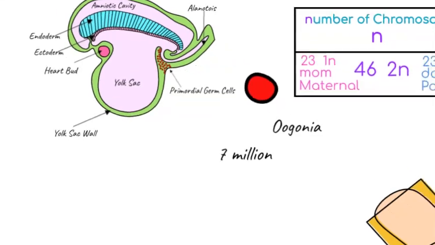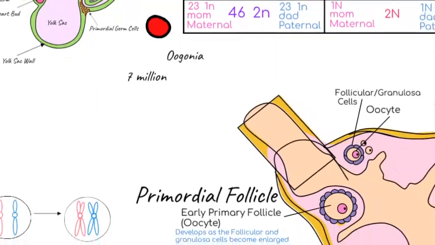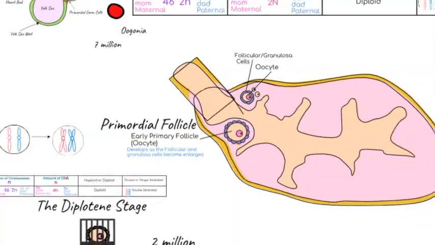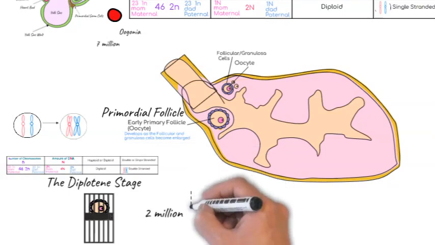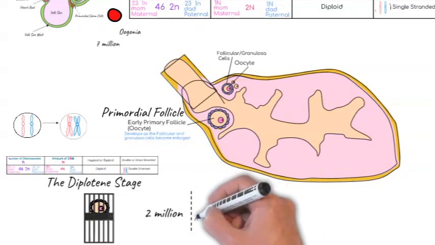These are your primordial follicle. So try not to confuse the two. Primordial germ cells are the early stem cells from where the oogonia will develop, and the primordial follicle is the primary oocyte surrounded by the sheet of epithelial cells called follicular cells. So now we can say that you were born with about 2 million primordial follicles in your ovaries.